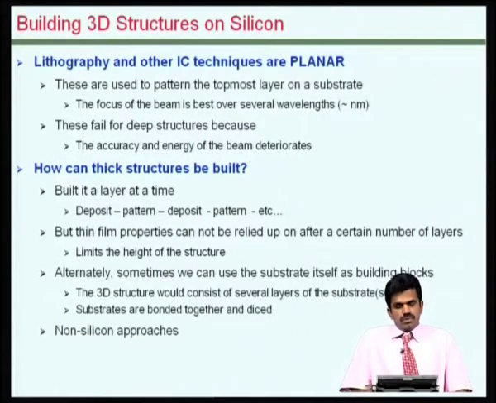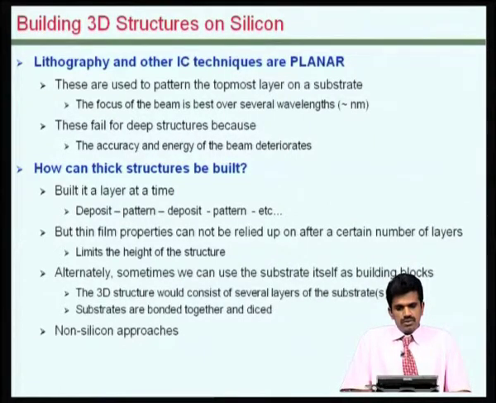It is also possible to use the windows created by the etching processes that we have seen as the mask, and further dig into the silicon wafer by etching the silicon wafer.